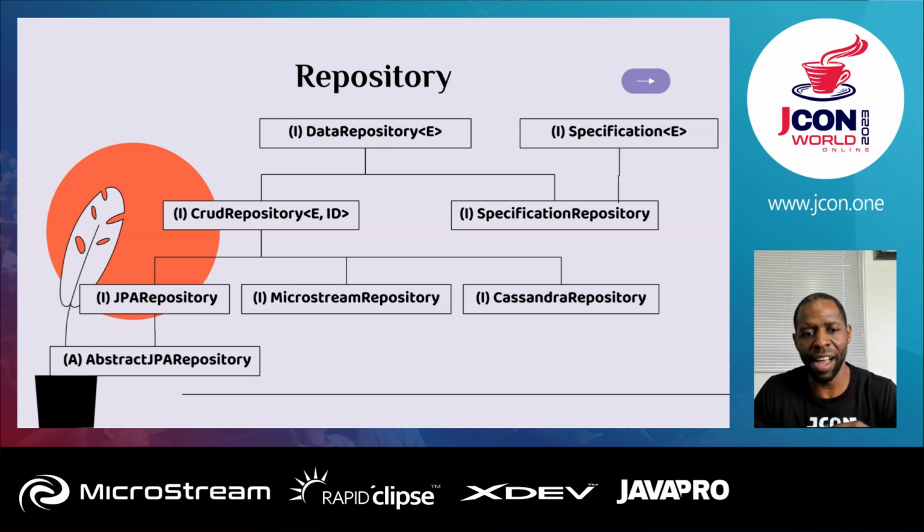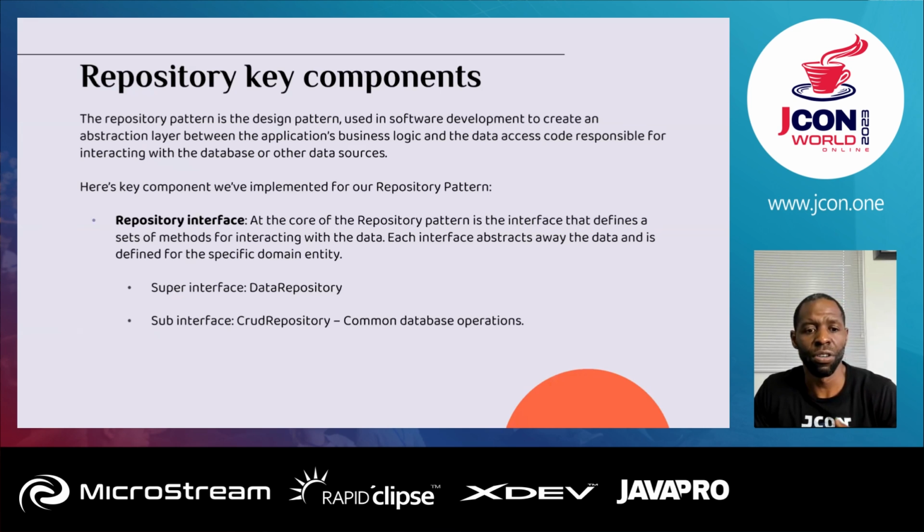You can create your specification interface, and your JPA repository can also extend your specification repository, and then implement it in your abstract JPA repository to create your JPA criteria, which your entity manager can execute. That's basically the structure of how we built ours. The key component for us was that we still stick to the repository interface.